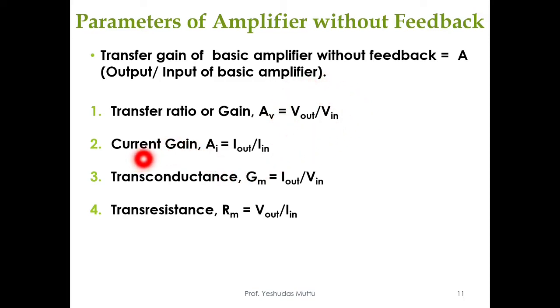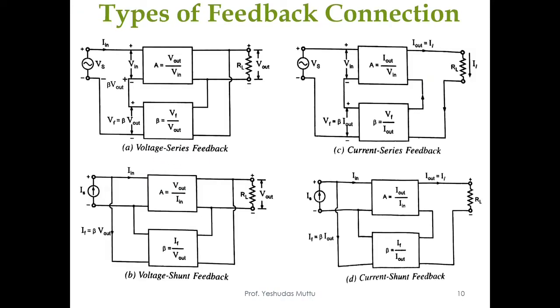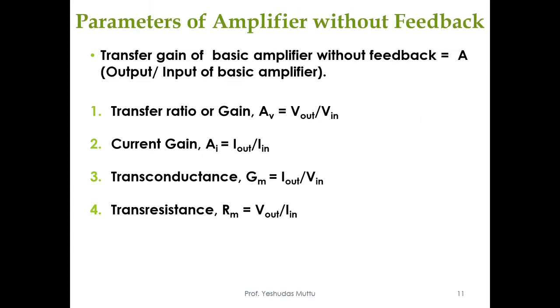Then next, current gain, wherein you measure the currents. You have output current, input current. So A is equal to I out by I in, that is put over here as AI.